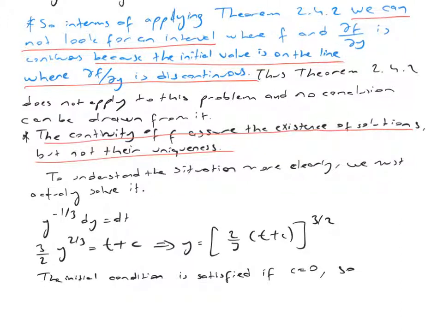So let's call this solution phi 1. Phi 1 of t is equal to 2 over 3 times t, to the 3 over 2, where t is equal or bigger than 0.